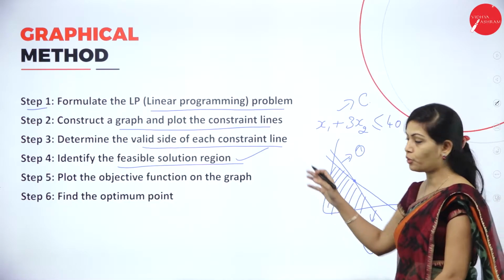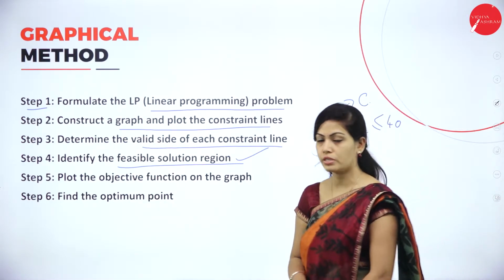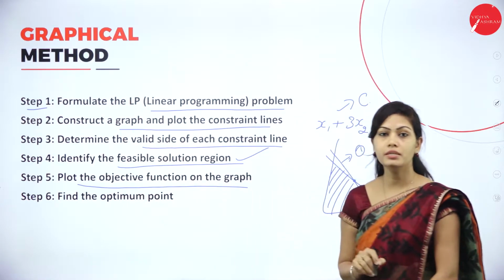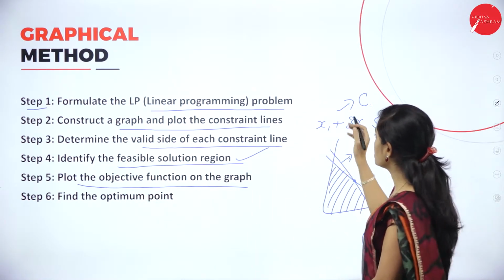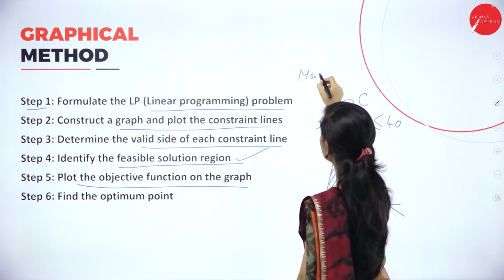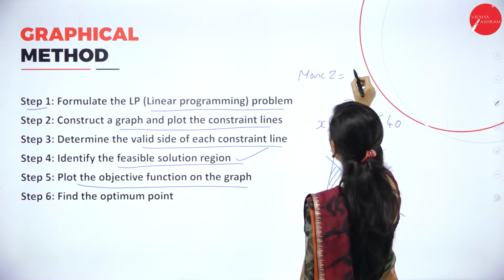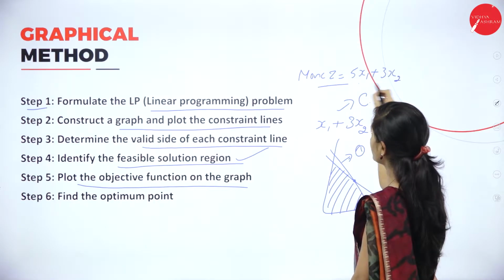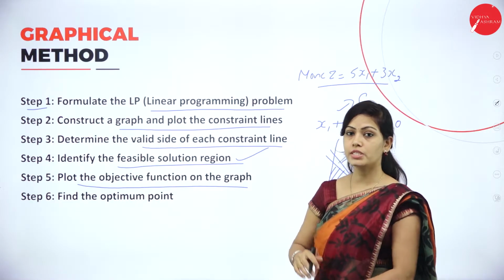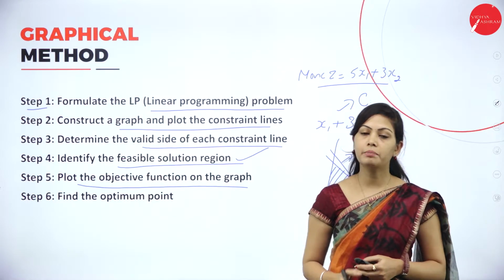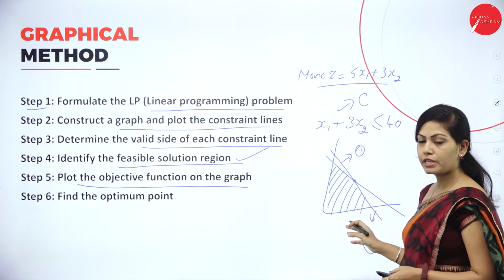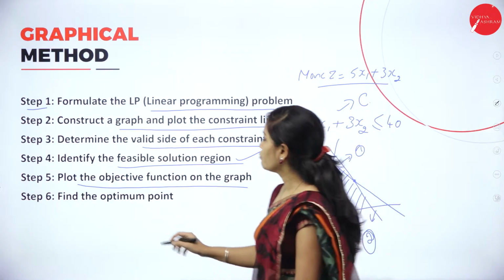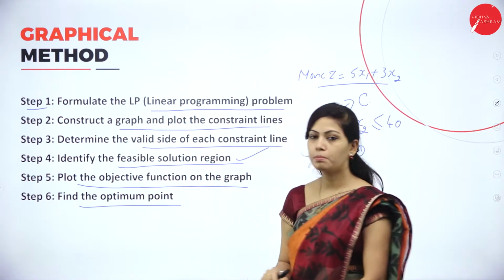So, next we have to identify the feasible solution and plot the objective function on the graph. So, using this objective function, that means max z is equal to 5x1 plus 3x2. So, this is an example for objective function. So, it is maximization or it can be minimization. In graphical method, we can plot the objective function on the graph and find the optimum profit.